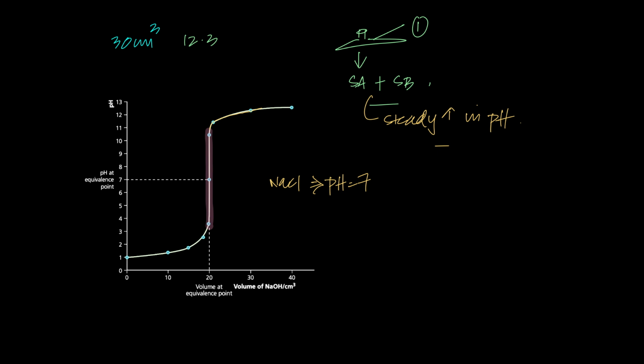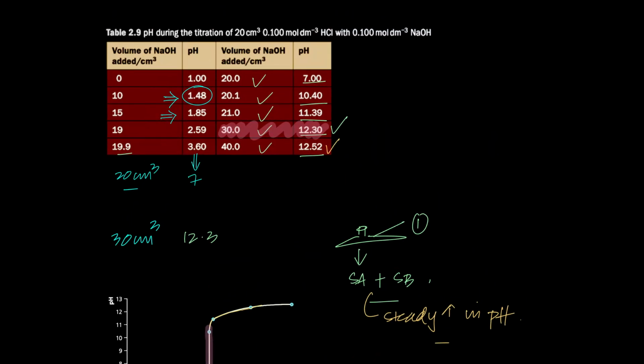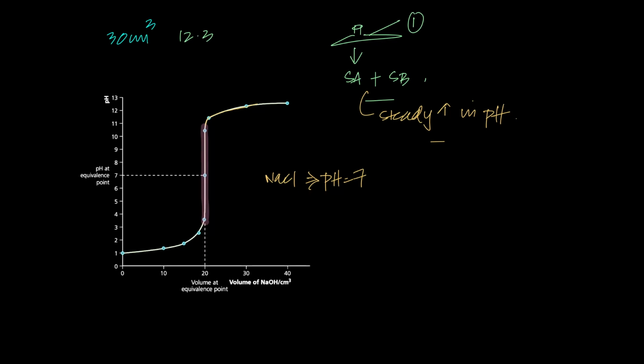Notice how the graph starts to slowly rise and then becomes horizontal, and it basically flattens off right before 13. At 40 cm cube you had a pH of 12.52. It flattened out right before 13.